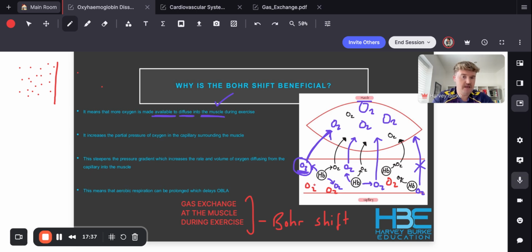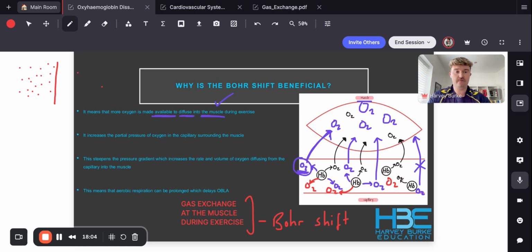But to explain why there's that even higher partial pressure of oxygen in the capillary, you can mention the Bohr shift. So you could say, as a result of the Bohr shift happening during exercise, hemoglobin is dissociating with even more oxygen. And that means that even more oxygen is available to diffuse into the muscle, helping to create this even higher partial pressure of oxygen in the capillary.